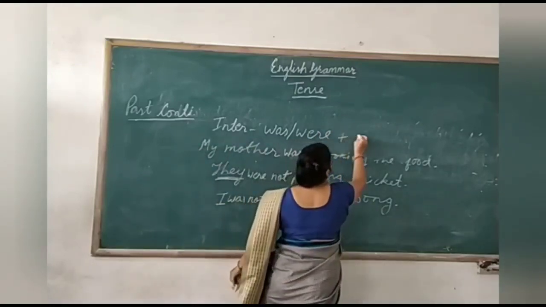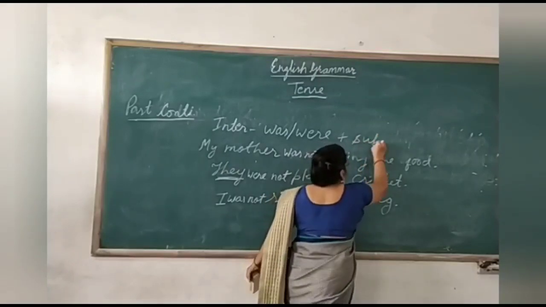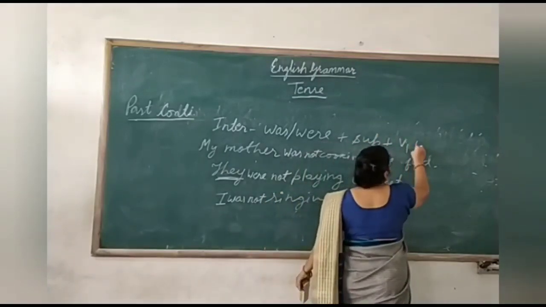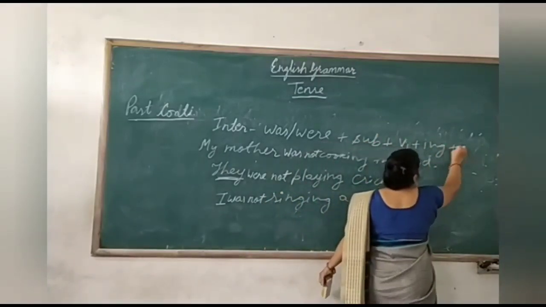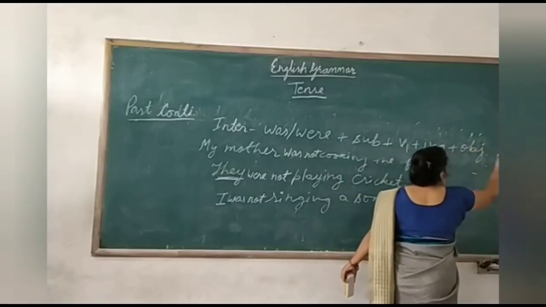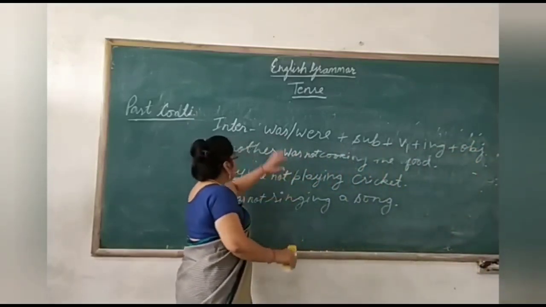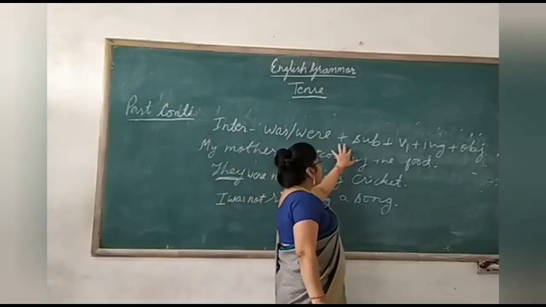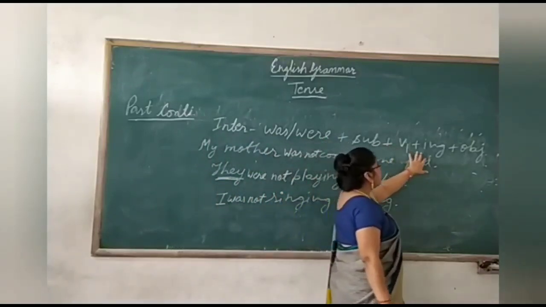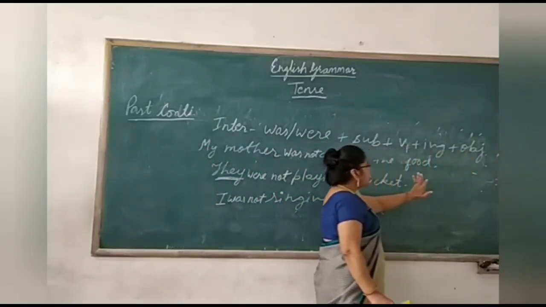Was, were, then subject, then V1 plus ing, then object, children. Clear? Was, were plus subject plus V1 plus ing plus object.